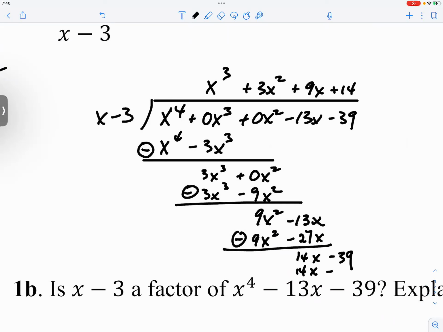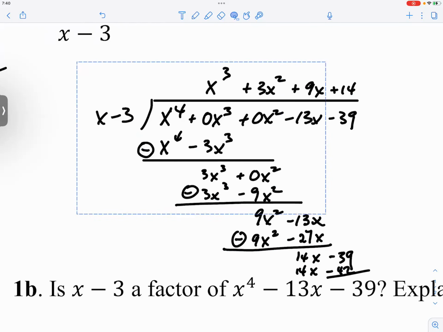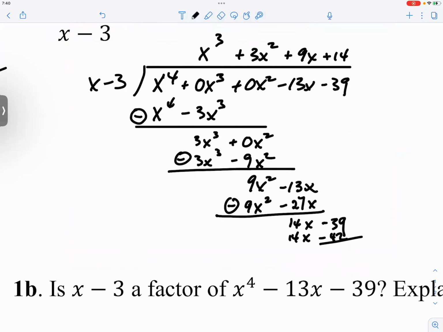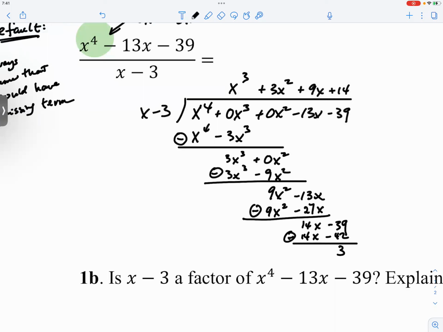So 14 times 3 will be negative 42. Have a little bit more room. So with this experience, you know that you want to write with the proper font. You don't want to write too big because you may run out of space. And this is a subtraction, so your remainder is 3. Okay, your remainder is 3.